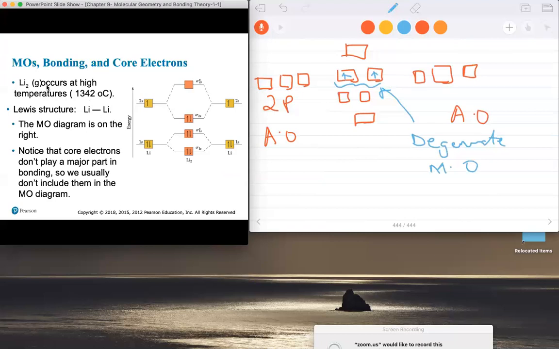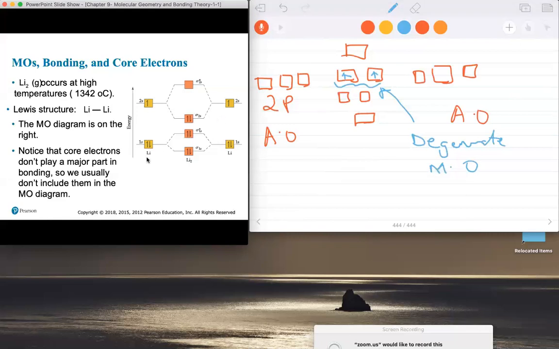The other example we gave was lithium being diatomic, 2 lithiums combining. If we draw the atomic orbitals for each lithium atom, we call these atomic orbitals and these molecular orbitals. We don't need 2p.